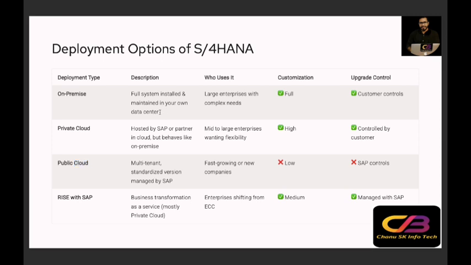But in case of on-premise, we have to purchase a separate database, maintain a data center, purchase the HANA database license, and recruit a basis consultant to install and set up. This is a big process. So most of the large enterprises will purchase this on-premise software.